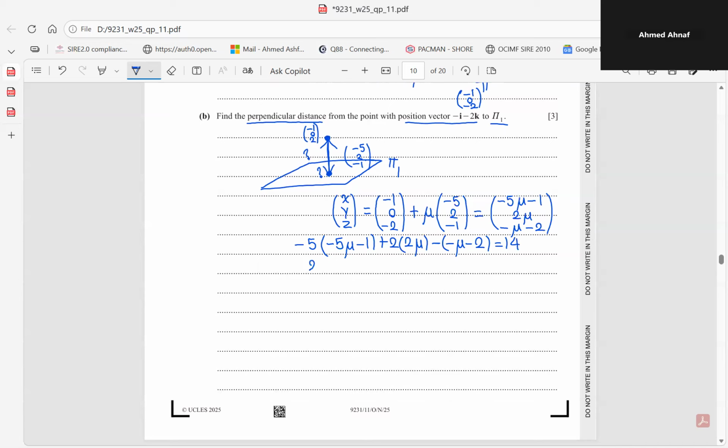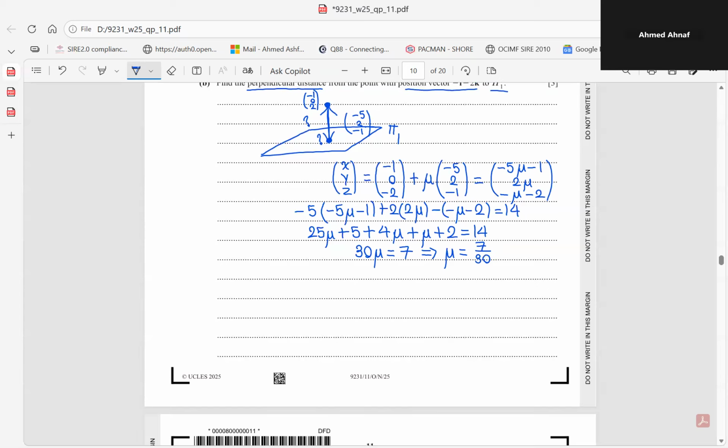So expanding everything, you get 25 mu plus 5 plus 4 mu plus mu plus 2 equals to 14. So yeah, this is just 30 mu equals to 14 minus 2 minus 5. So that's just 7. Then mu is just going to be 7 over 30.